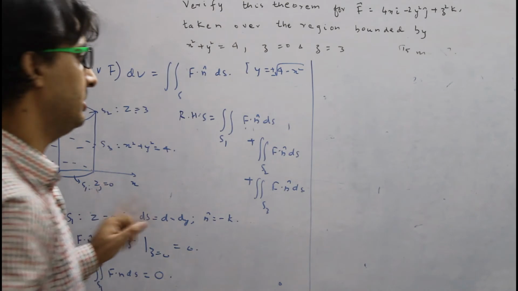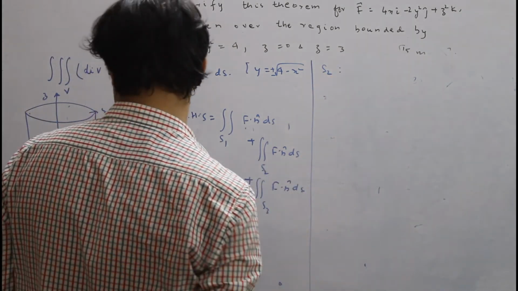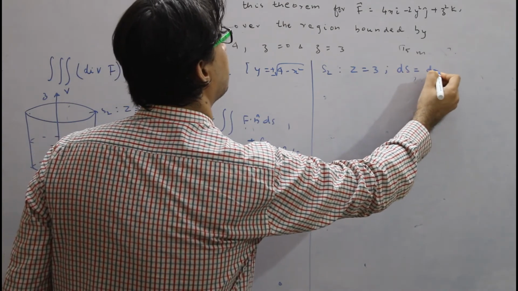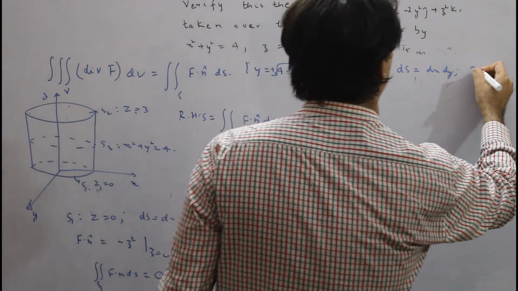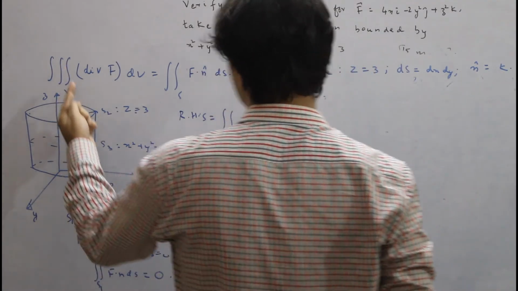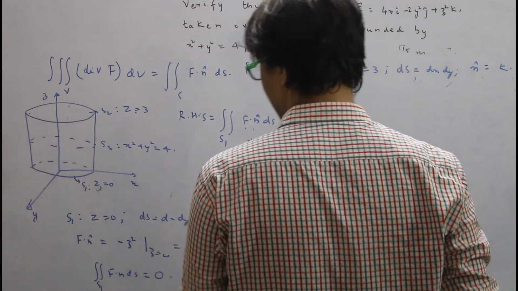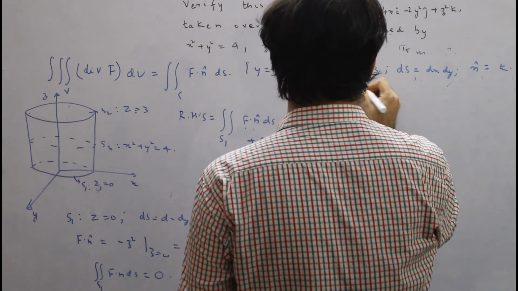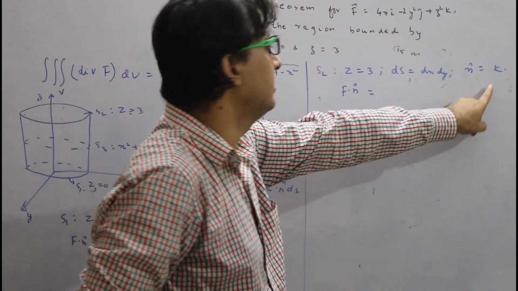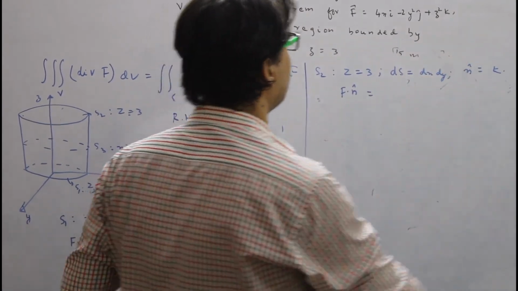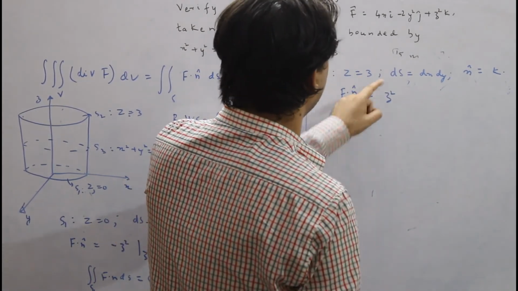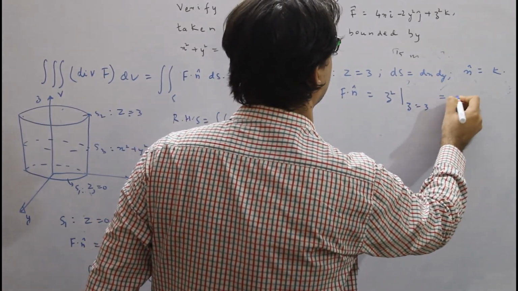Now I am going to calculate for S2. S2 is what? Z is equal to 3, and dS is dx dy, and our normal is k. So this is in the upward direction over here. So now I have to compute F dot n. Here the same thing will happen, because we have the k over here. So this becomes z square, and z value is 3, so we can write it as 9.